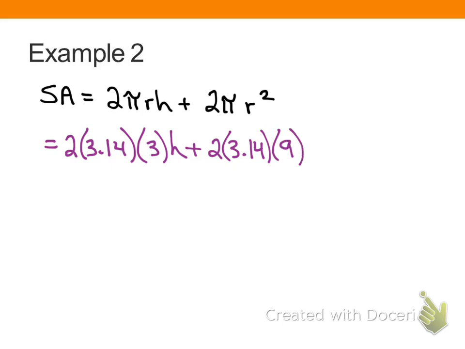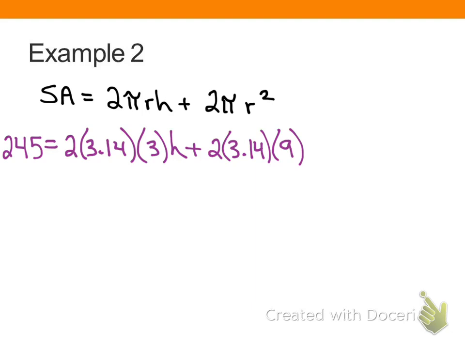I'm going to go ahead and plug that in. Now, is there any other information that it gives me? Am I forgetting anything? Surface area. I'm forgetting the surface area. It told me the surface area is what? 245. Okay, so I plug that in where surface area goes in the original formula.